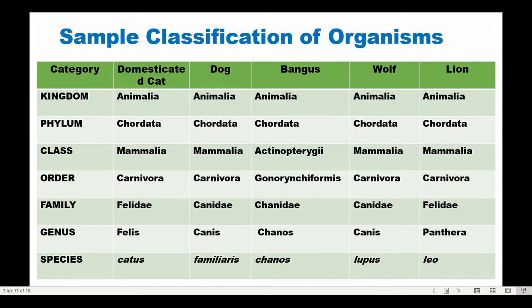Family. Ayan, closer na tayo sa pinakamaliit. At ito na, medyo nag-iiba na sila. Yung lion and cat under ng family of Felidae. Okay? Naririnig natin si Felix the cat, yung mga ganyan.